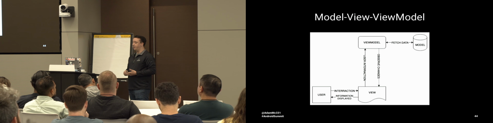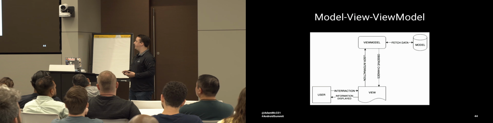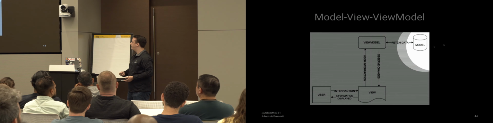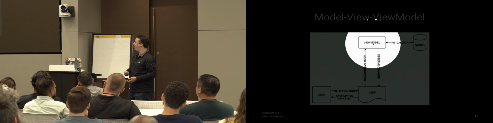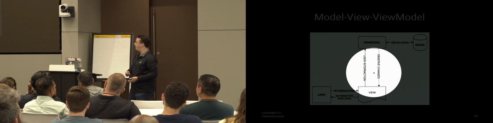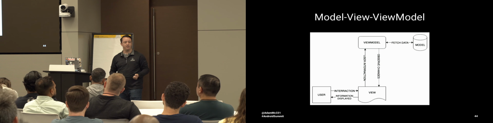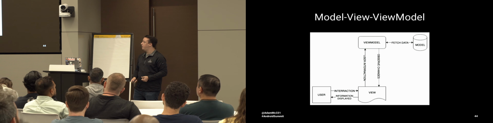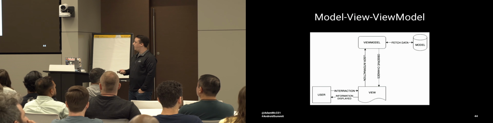So that's really the trend of Model View ViewModel. We break this chain between the presenter and the view, and we just have something where the view observes these changes, but there's no direct reference to it, which is nice because out of the box, we don't have to worry about that memory leak problem I just talked about. But there's another benefit I will get to towards the end.